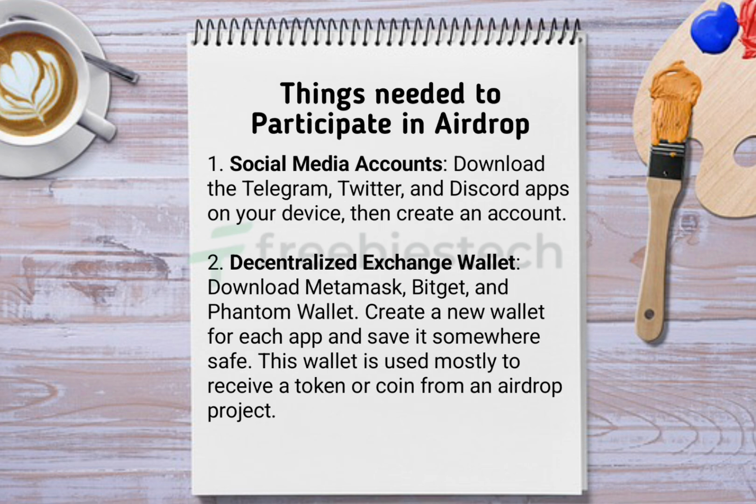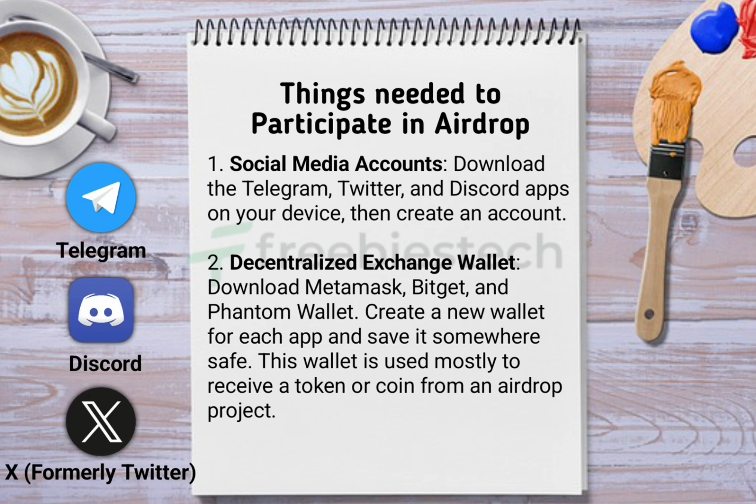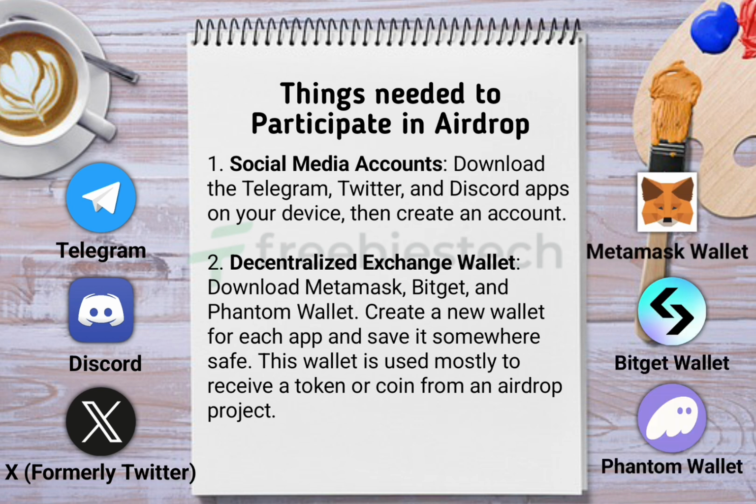Things needed to participate in airdrops. 1. Social media accounts. Download the Telegram, Twitter, and Discord apps on your device, then create an account. 2. Decentralized exchange wallet. Download MetaMask, Bitget, and Phantom wallet. Create a new wallet for each app and save the wallet phrase somewhere safe.